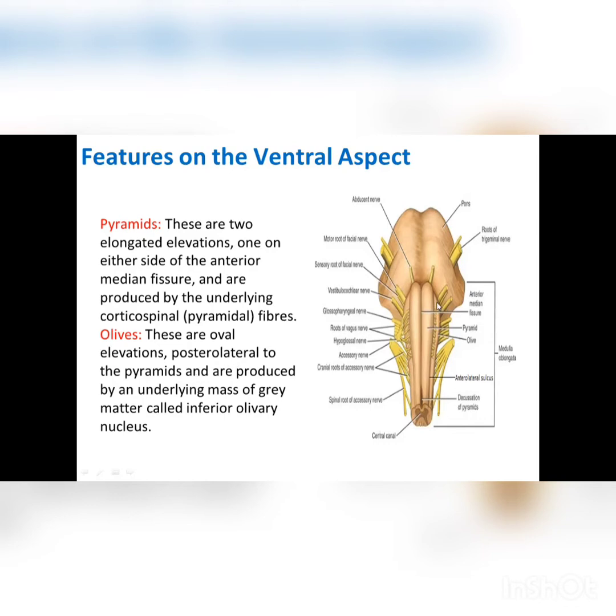As you can see in this picture, they are produced by an underlying mass of gray matter called the inferior olivary nucleus. So pyramids are produced by underlying corticospinal fibers, whereas olives are produced by the inferior olivary nucleus.